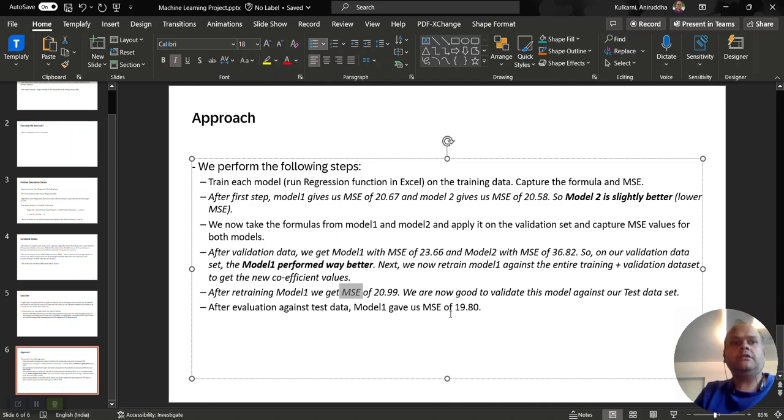So this leads me to believe that model 1 is doing a fairly good job of predicting based on the training data and the test data that we have obtained.